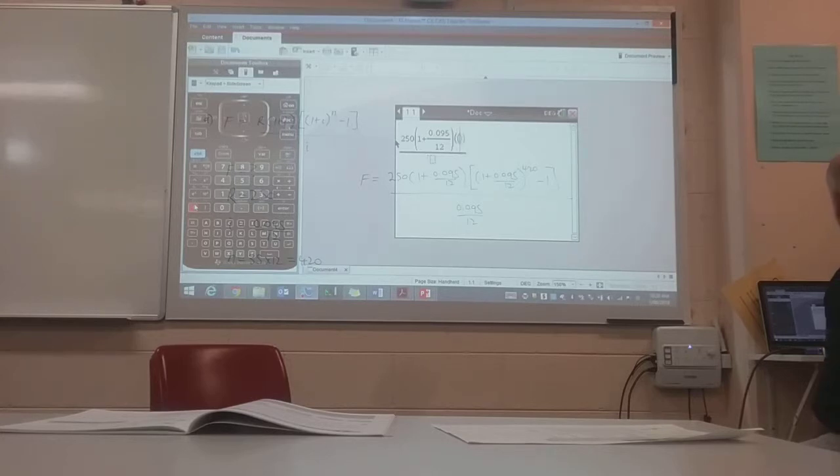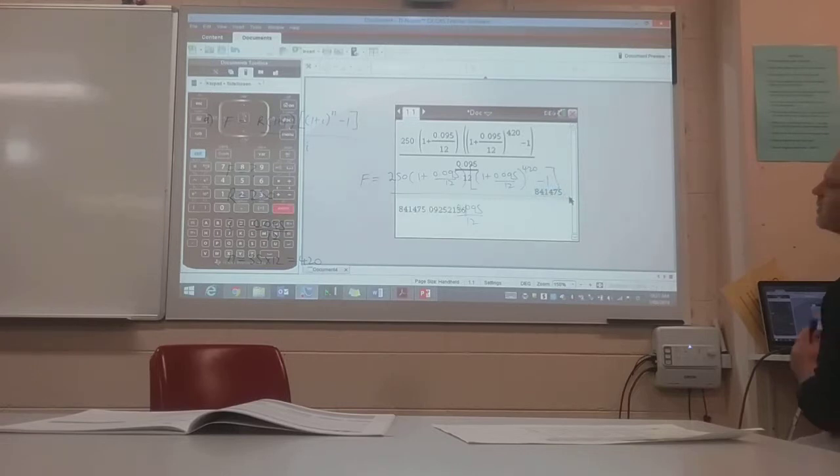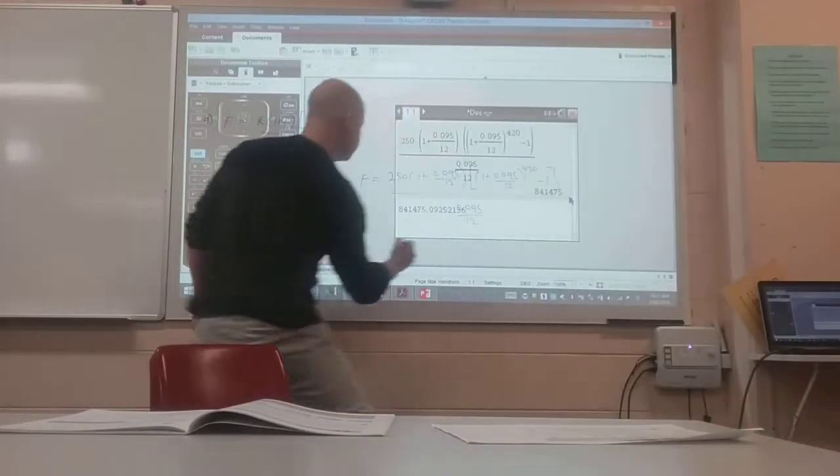And in here, we put the same thing as the previous bit, 1 plus, control, divide, this is to the power of 420. And then we go across and we take one. And underneath here, we go control divide again and 0.095 over 12. And the grand total at the end is 841,475, and if I go down here we see that there's also 9 cents. Mine just rounded off a bit funny. Okay, so that's the grand total.